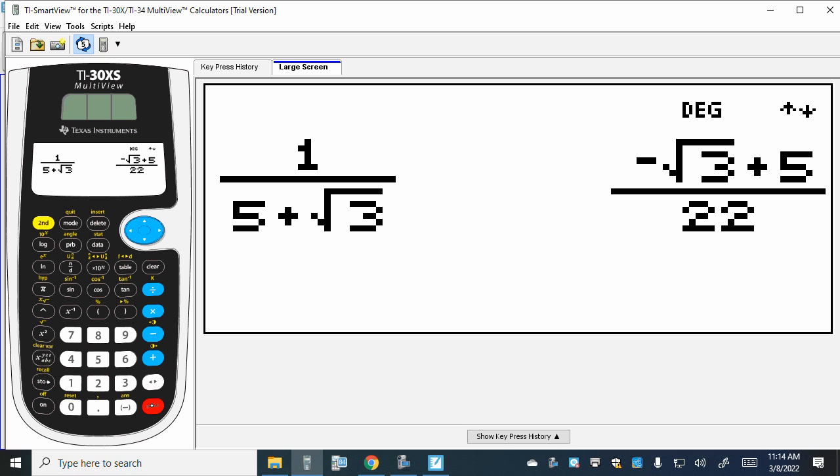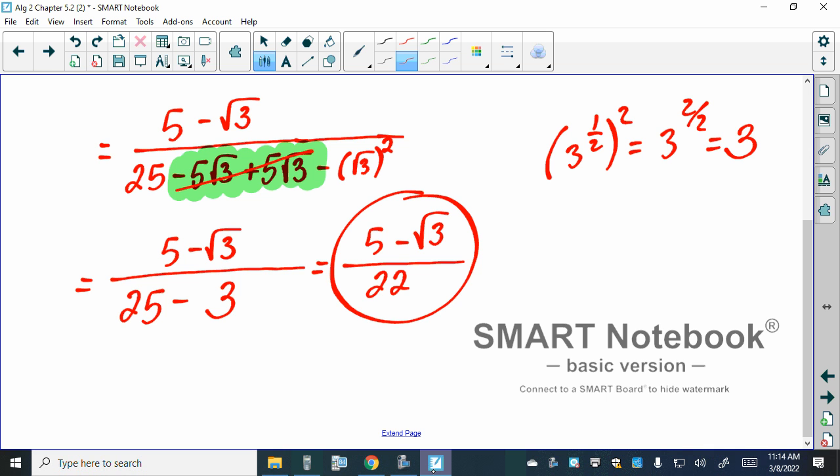Well, almost, except it put the square root in front instead of second. Same thing. I liked having the radical second, but it really doesn't matter. Because if you wanted to, when it gave you that as negative square root of 3 plus 5, you can rewrite it as 5 minus the square root of 3 pretty easily. Just switch the two numbers, making sure you keep the signs.